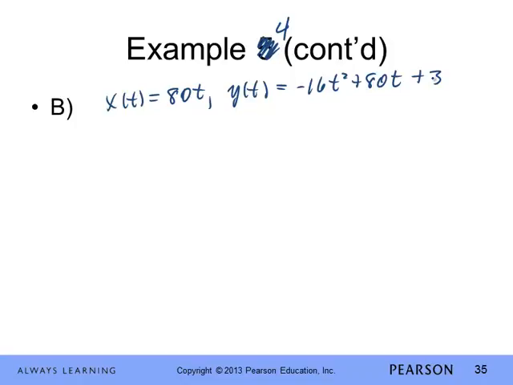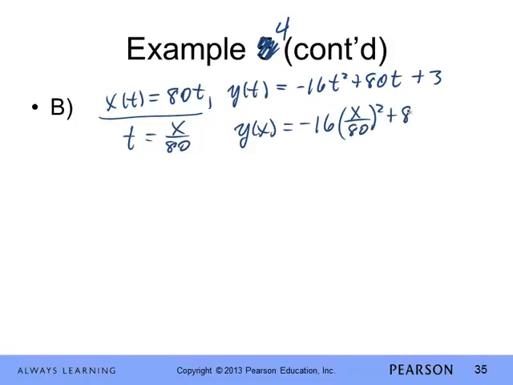Because you have a pair of parametric equations, you can eliminate the parameter t. From the x equation, you can solve for t by writing t equal to x over 80, and then substitute x over 80 in for t in the second equation. So y as a function of x is equal to negative 16 times x over 80 squared, plus 80 times x over 80, plus 3. And then, of course, you can simplify that.